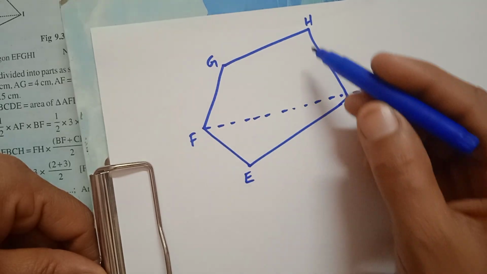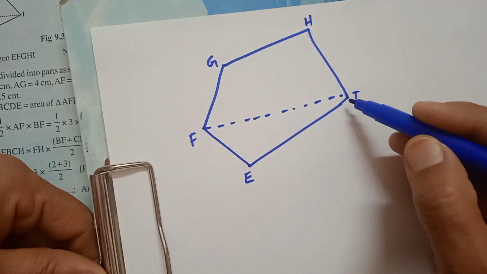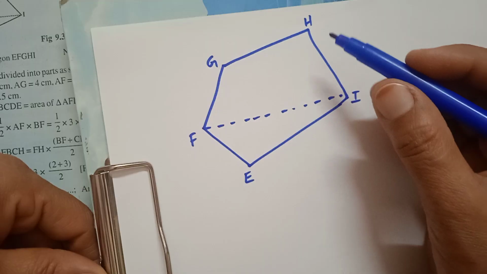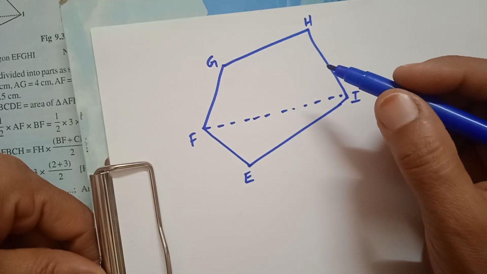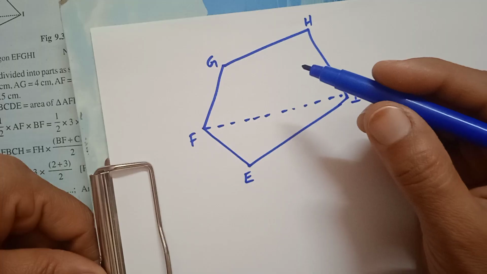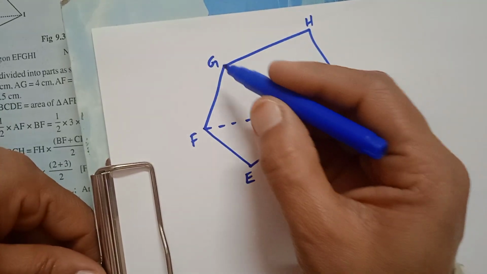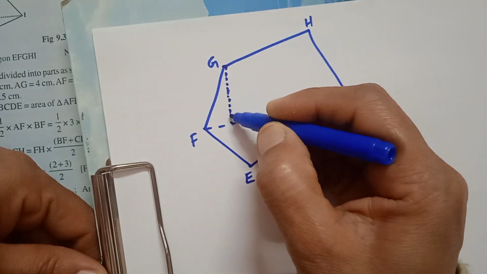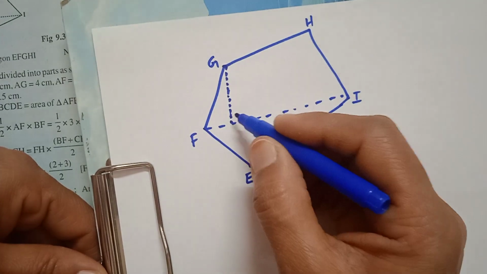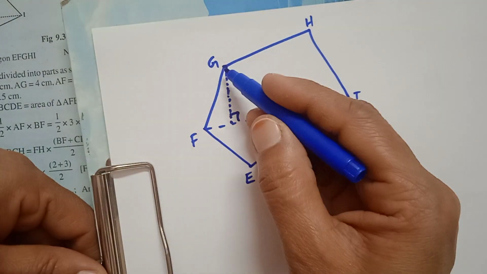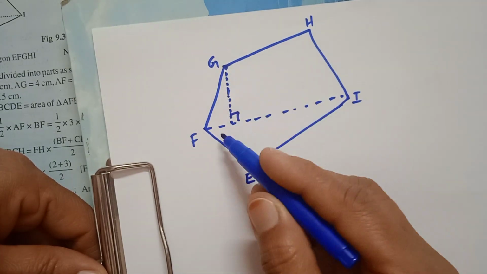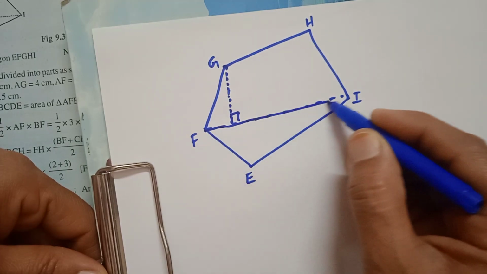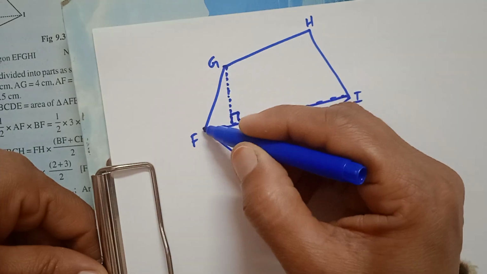Then the remaining quadrilateral, HGFI, is the quadrilateral. Now how to find the area of this quadrilateral? I'll show you how. See, what you have to do is from point G you have to draw a perpendicular line to FI. So when you draw a perpendicular, this forms a triangle.